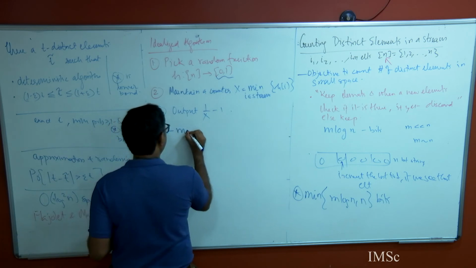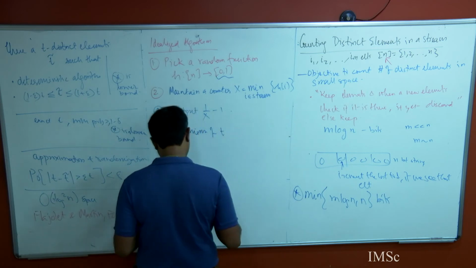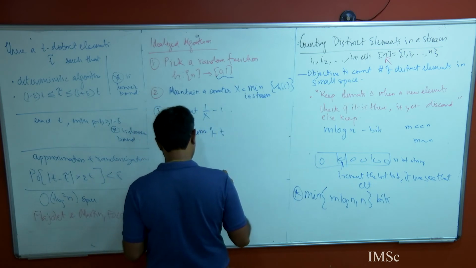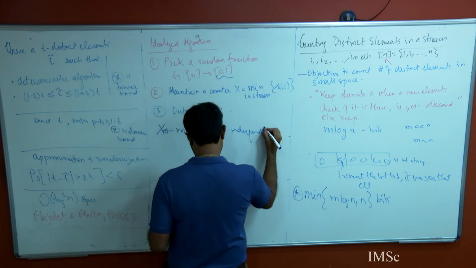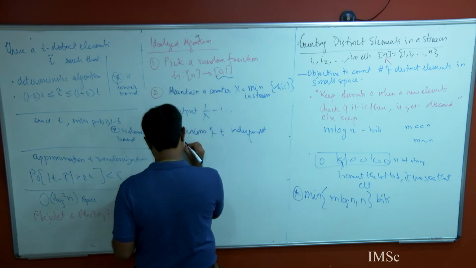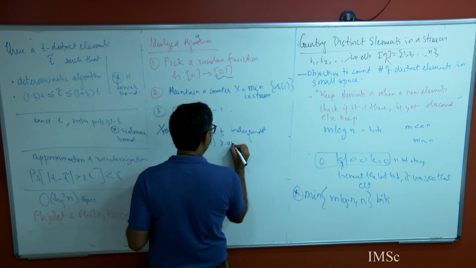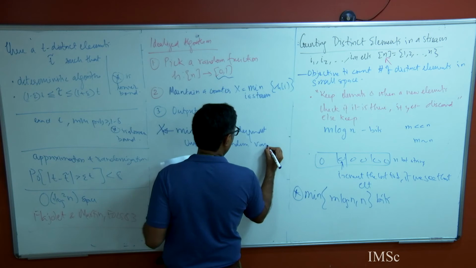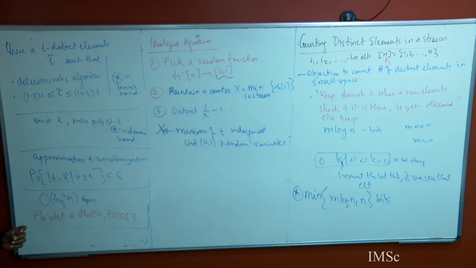X is the minimum of t independent uniform over 0, 1 random variables. This is what X is.